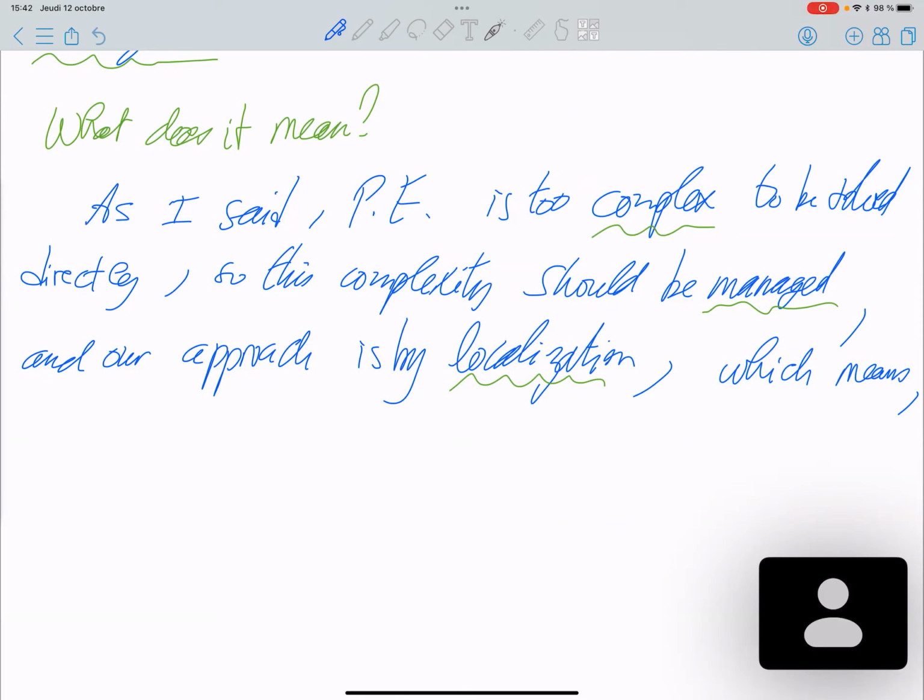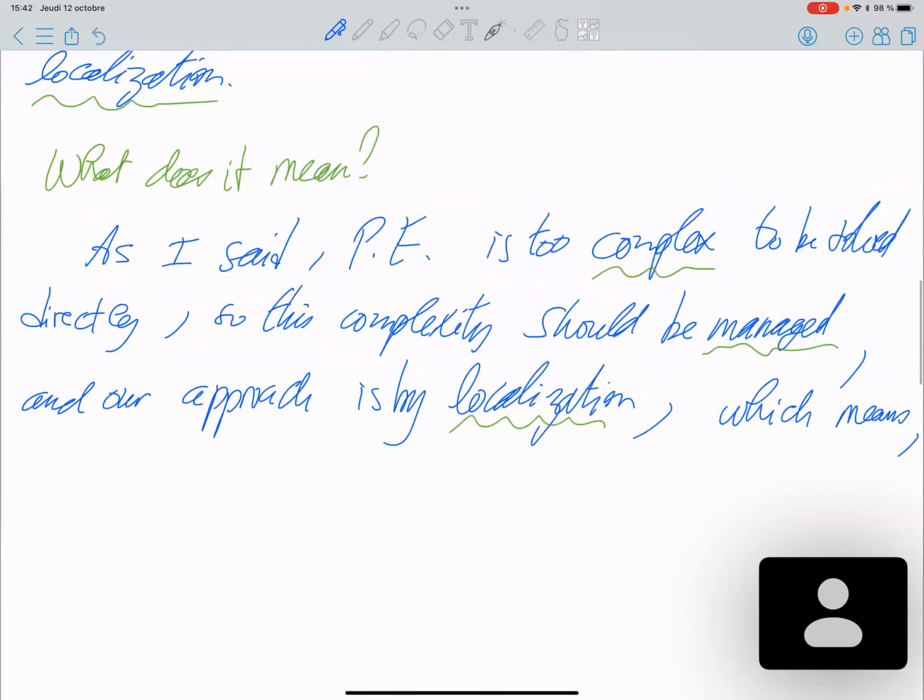So we have a big complex system, and our approach to manage the complexity is to find small subsystems with as few variables as possible.